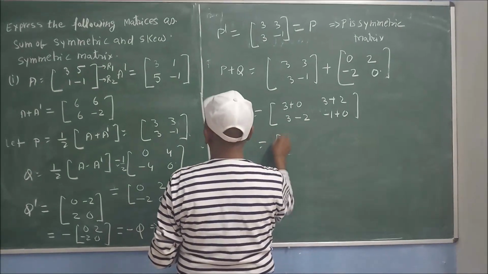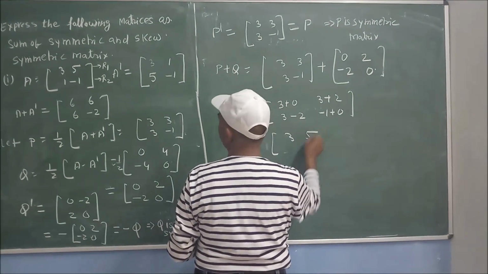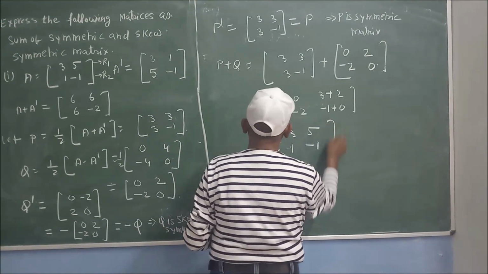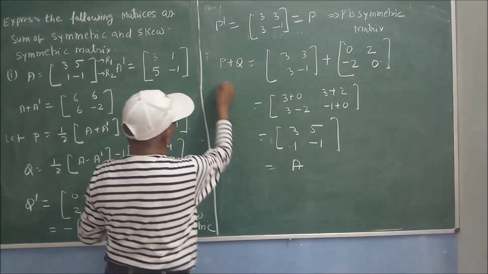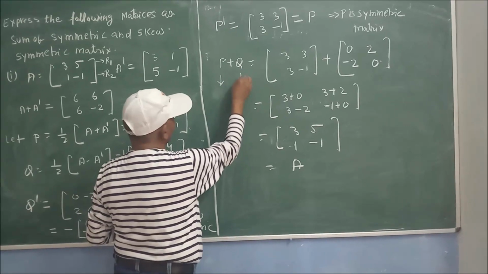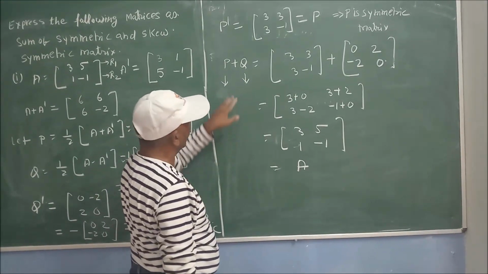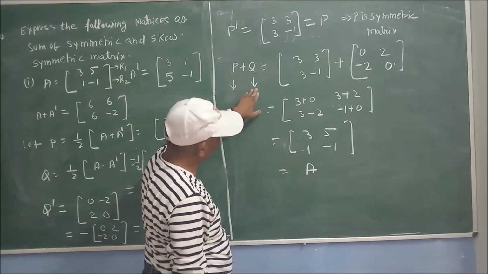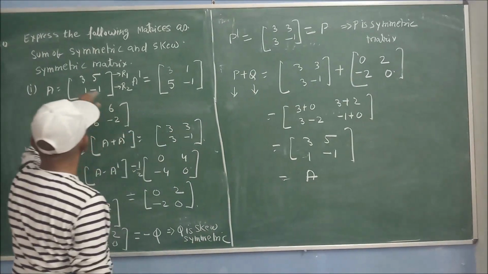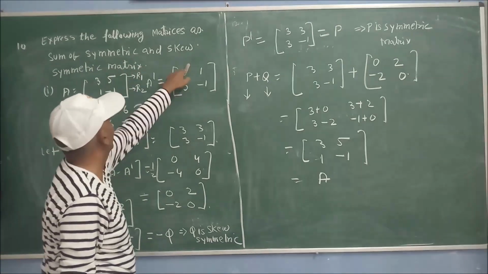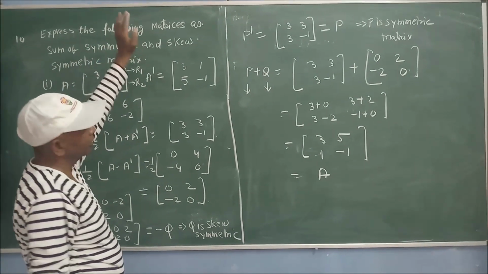So this can be written as 3, 5, 1, minus 1. And this is nothing but equal to matrix A. So we have proved that P is a symmetric matrix, Q is a skew symmetric matrix, and the sum of the symmetric and skew symmetric matrix is equal to the original matrix. So we have proved the result.